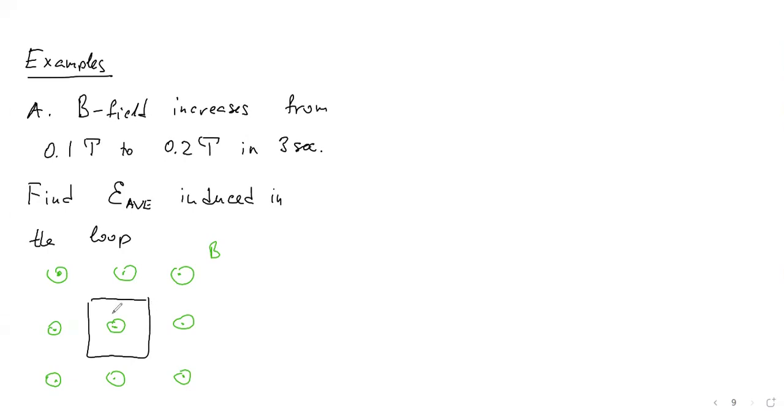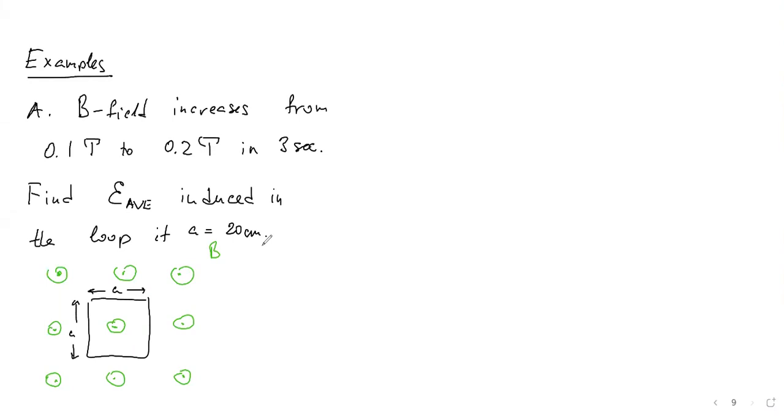This is my loop, and let's say the size of the loop is A by A. So it's a square loop. The size of this loop is 20 centimeters. The loop is perpendicular to the magnetic field, so I don't have to care about cos theta because it's already perpendicular, meaning cos theta equals 1, theta equals 0.